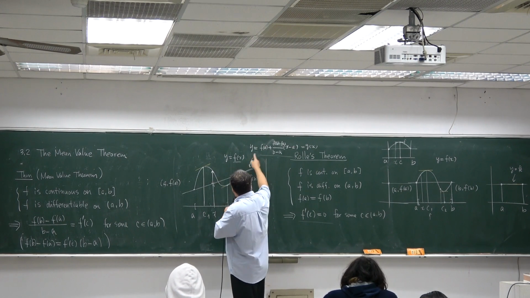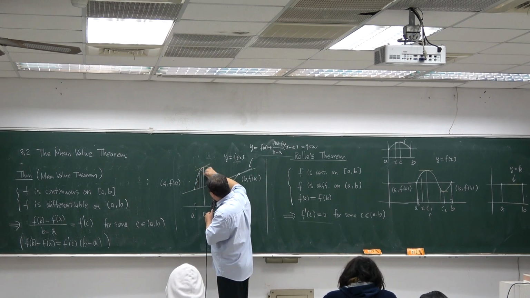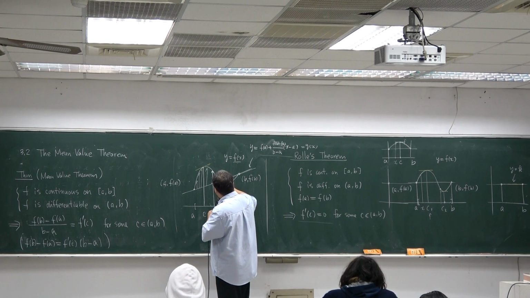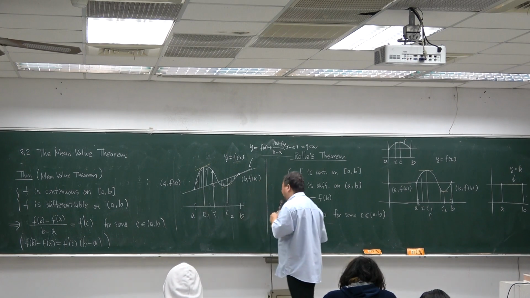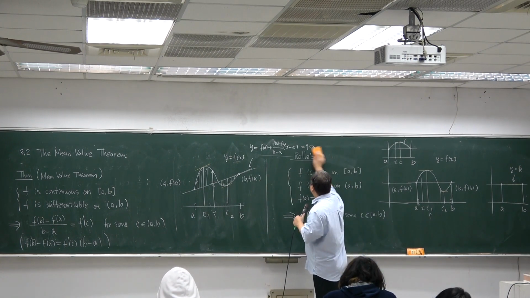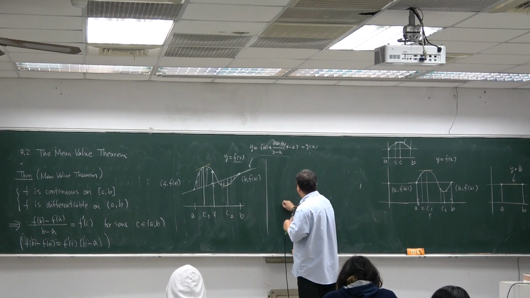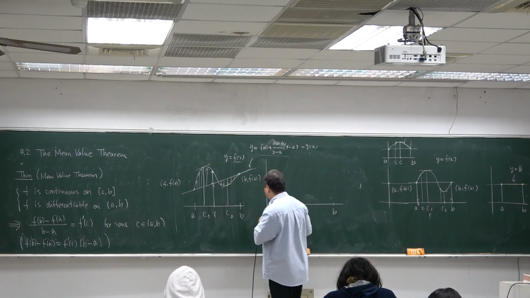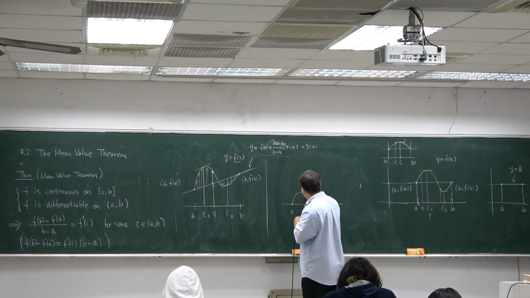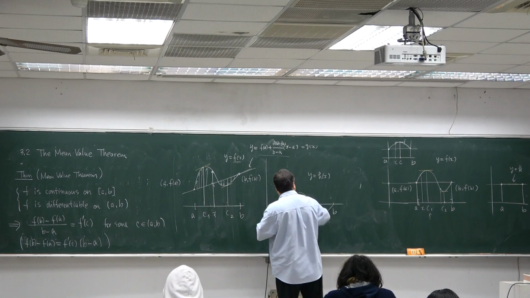So the difference of these two functions, f and g, will be here is 0. This is the difference of f and g.